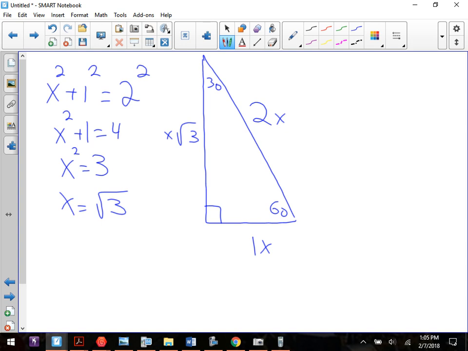We get another jig out of this, and I'll write it on both spots. In the 30, 60, 90, you get those patterns.